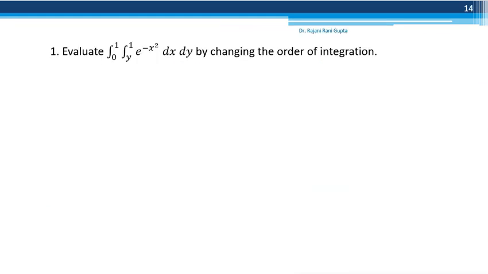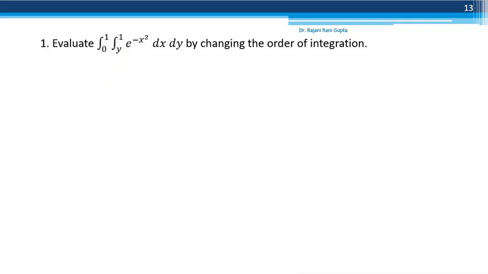Okay, so let's take this example. In this current example, the order of integration is dx dy. So the current order of integration is dx dy, meaning first x and then y.